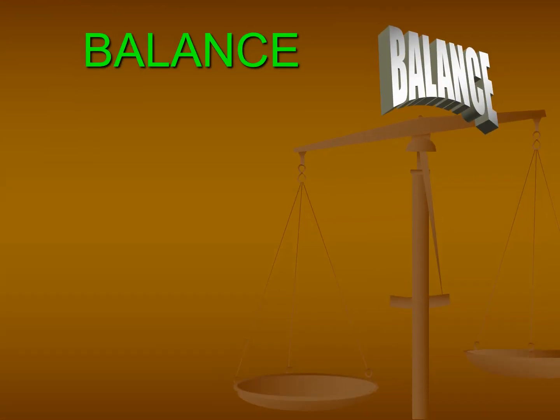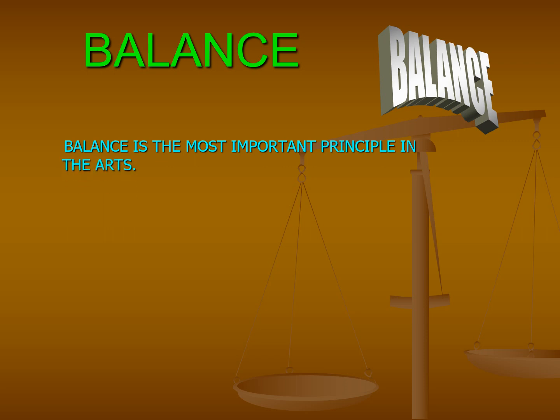We are going to discuss the most important element, that is balance. Balance is the important principle in art. Balance is the arrangement of art elements to produce a visual equilibrium.